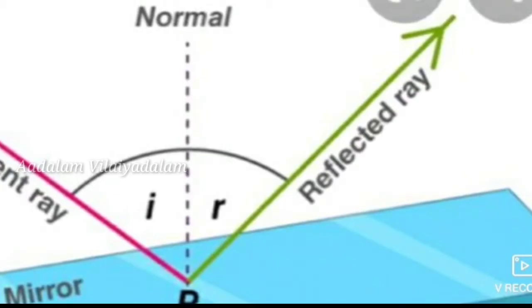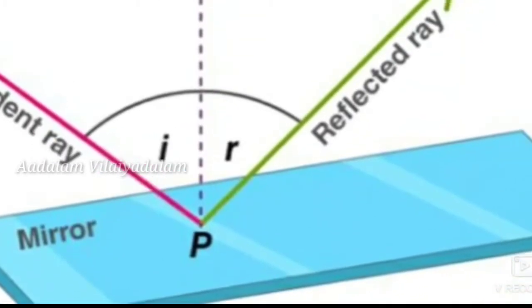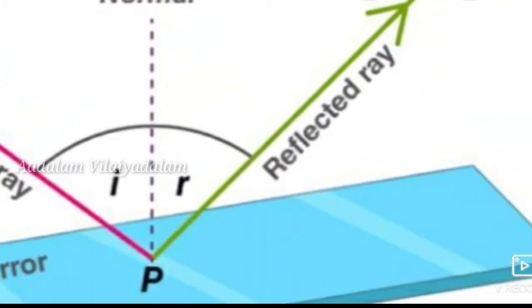And the second one is the reflected ray. After falling on a medium, the rays return back, that is, bounce back. Those rays are known as the reflected ray.